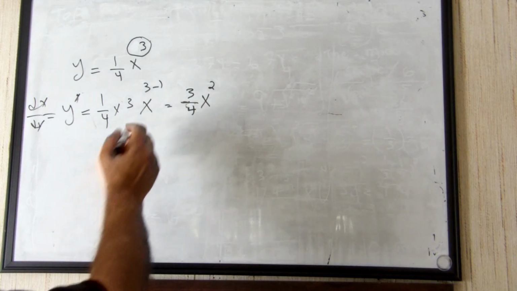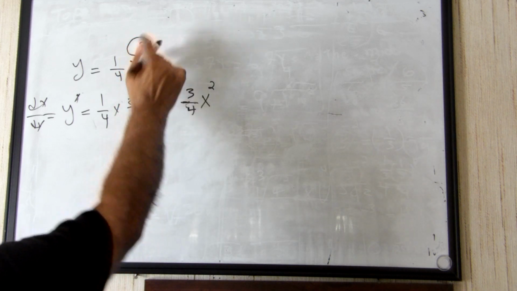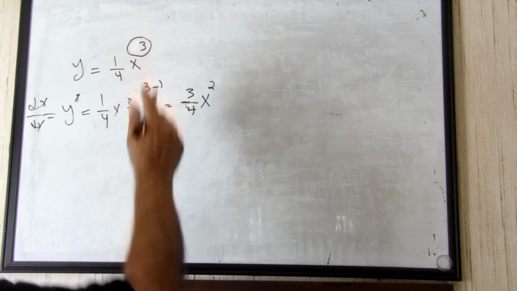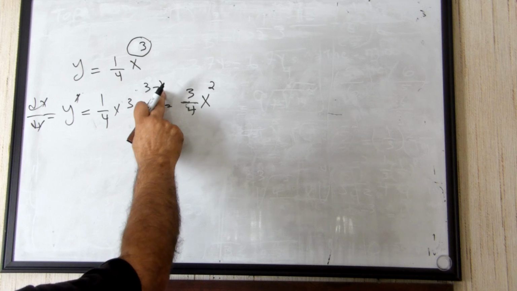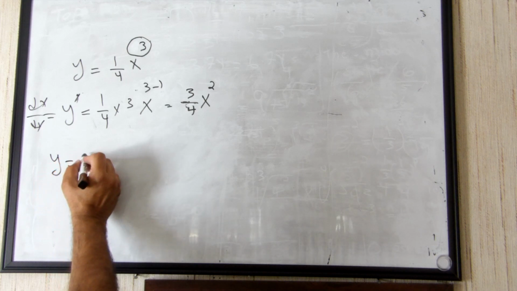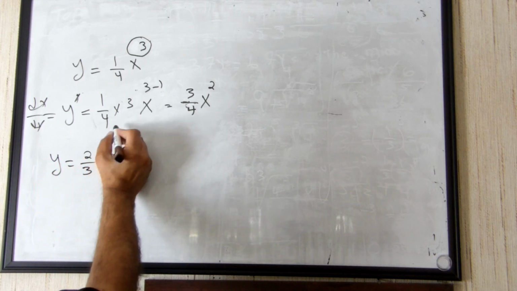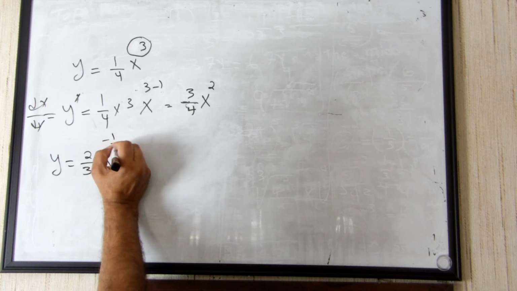But this was minus. I said, if this is minus 6, whatever, it's going to be minus 7. Okay? Or sometimes you have x to the power of minus 1 over 2.